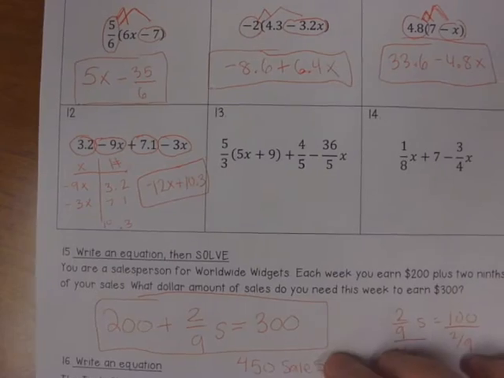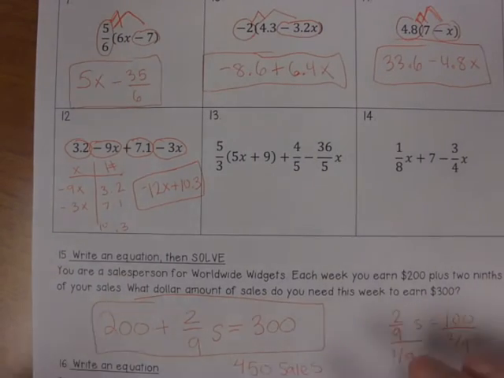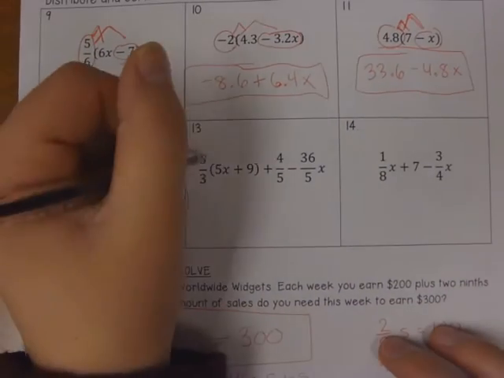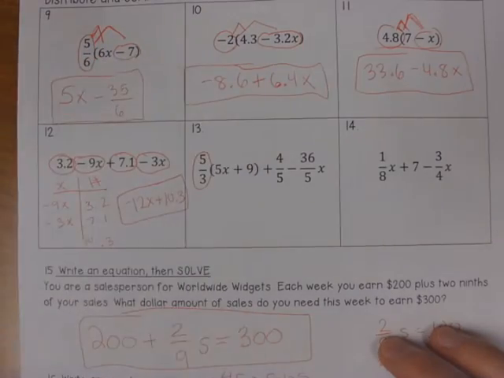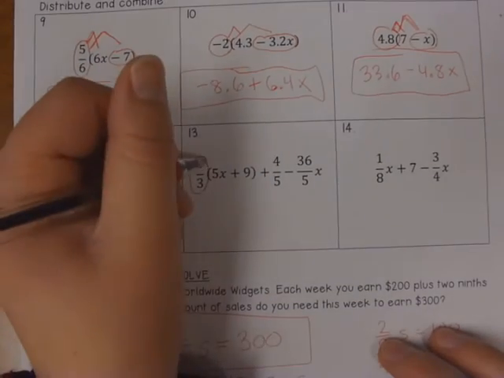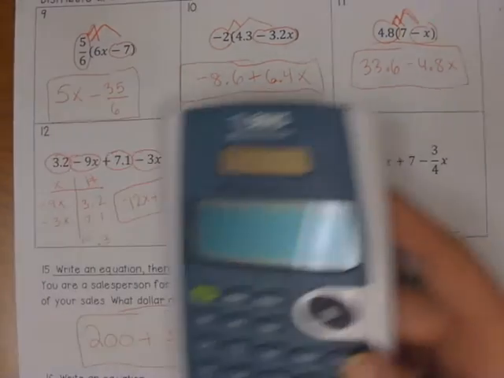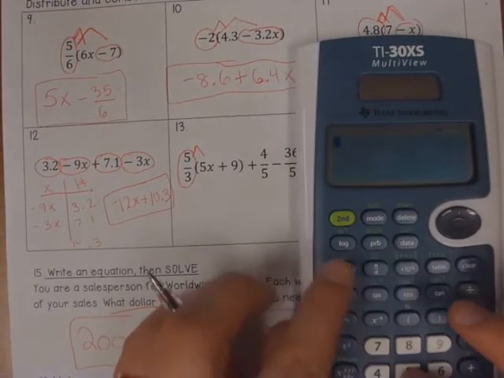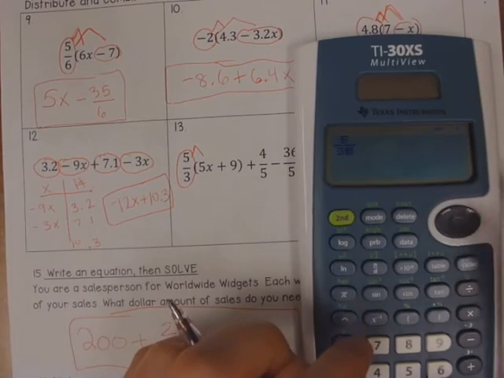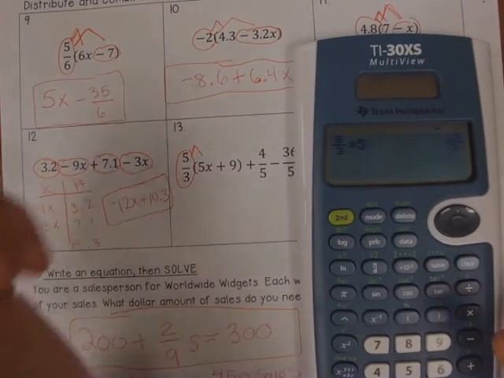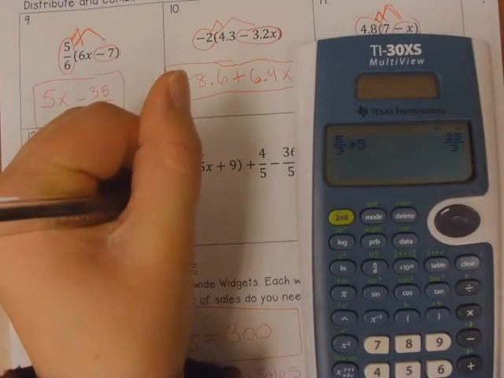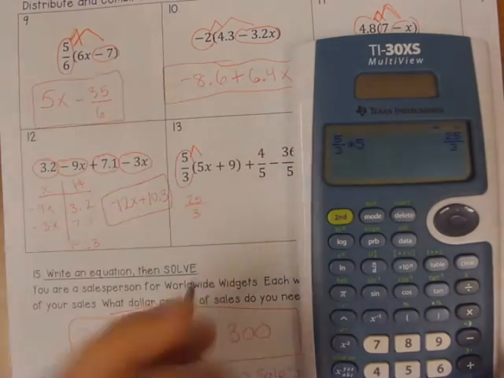Okay. On number 13. Here we are going to distribute first 5/3 times 5. I can't do that in my head. 5/3 times 5 is 25 over 3.